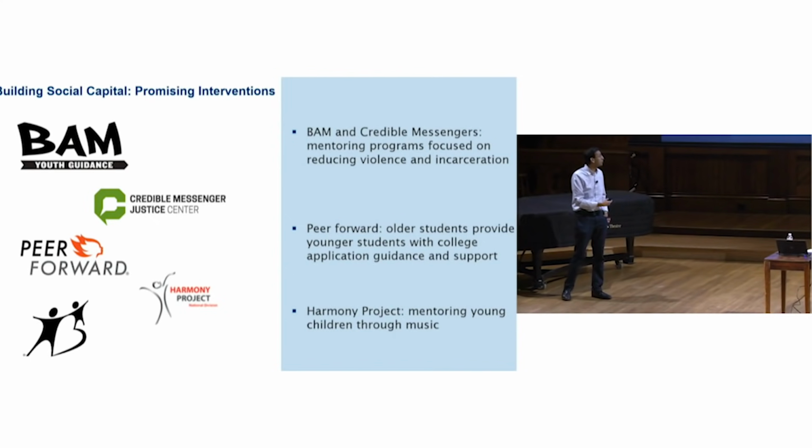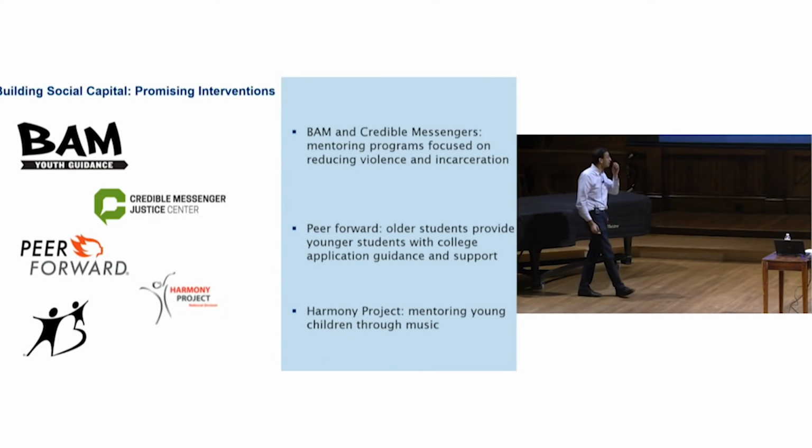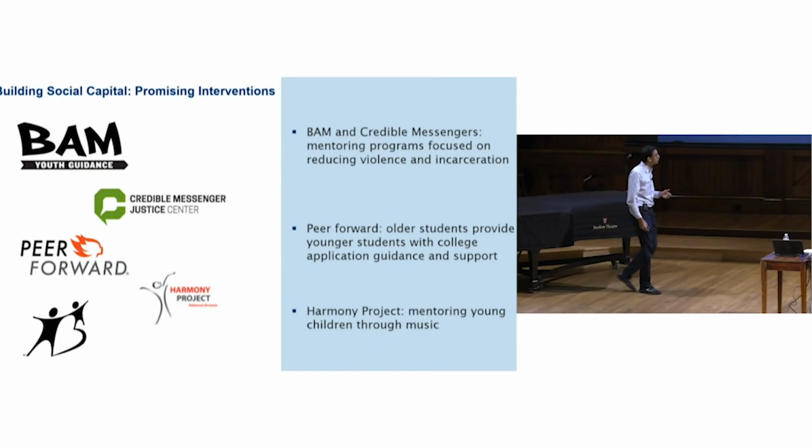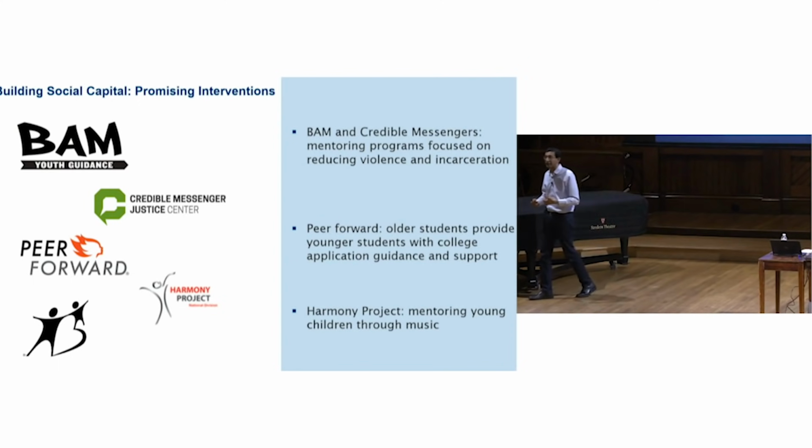There's another program called Peer Forward, where older students who've gone to college in a given school, like say seniors, provide support to freshmen and sophomores with college application guidance and support. So they try to take advantage of connections within a school to provide mentoring. Yet another group called the Harmony Project, they've developed some innovative ways to engage very young kids in music, and they show that that changes their cognitive function and greatly improves their reading and math scores and so forth.